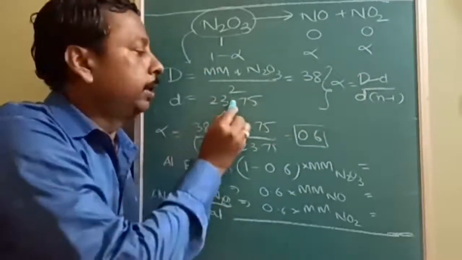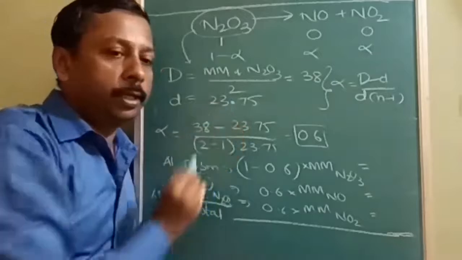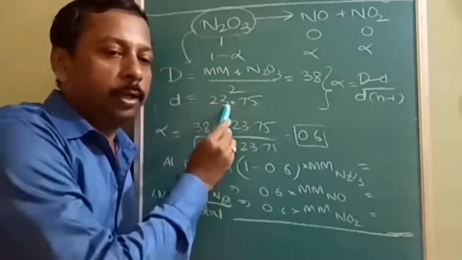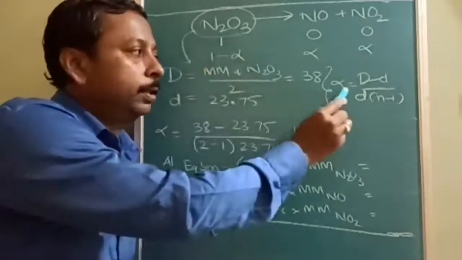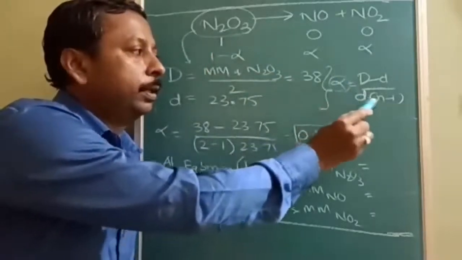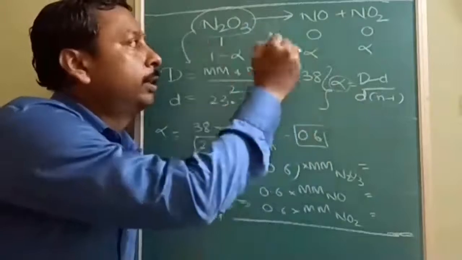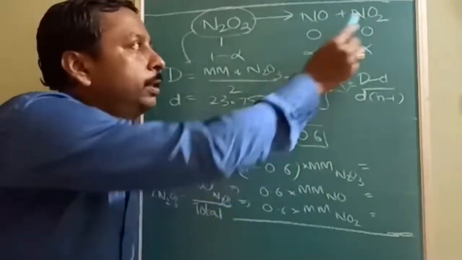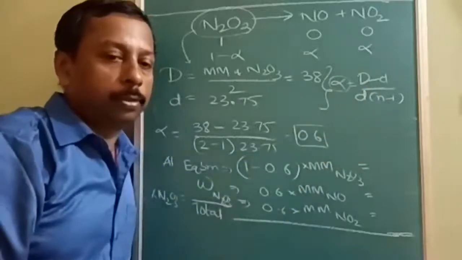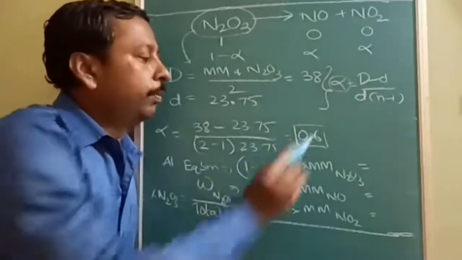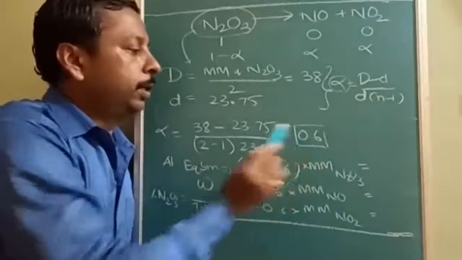Small d is already given and is experimentally calculated. Capital D we could find using N2O3. N value: 1 mole is dissociating into 2 moles, therefore n is equal to 2.